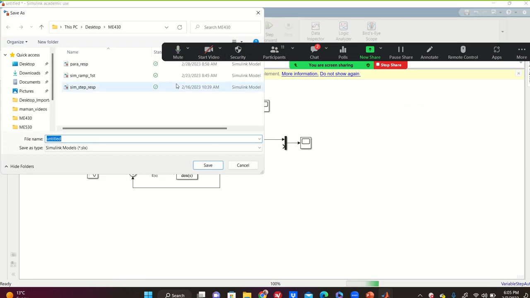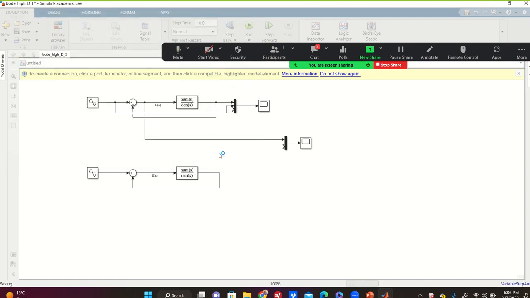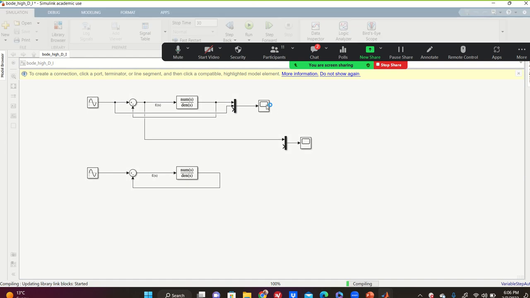And first, Bode, high pass plus D plus I. Okay. So being said, and I have to increase it to 30, and run it for low frequency.